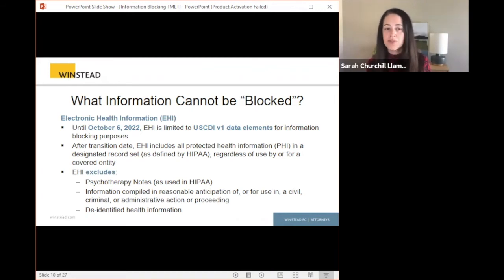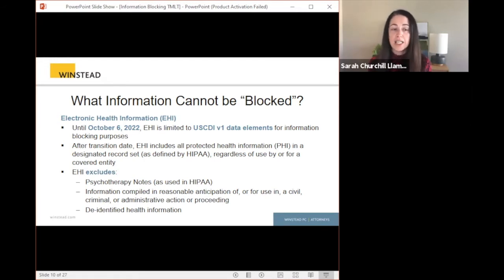But I want you to know that after the transition date, the definition of EHI includes all PHI in a designated record set. So this is very, very broad. I would say even the definition under the USCDI version 1 is more broad than we've seen for even some of our basic requirements, like under meaningful use for CCDs and document exchange, because it includes some notes and some free text elements.